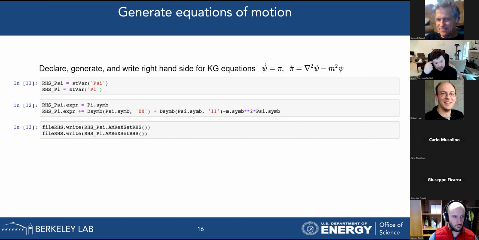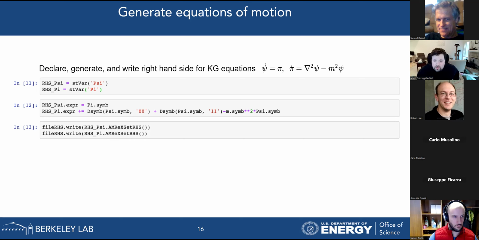So finally, we want to put this all together into, say, solving something like the Klein-Gordon equation. This is just an example. Obviously, the Klein-Gordon equation is much simpler than the things you'd actually want to use this for. But let's take it just as an example to get a feel for what's going on.